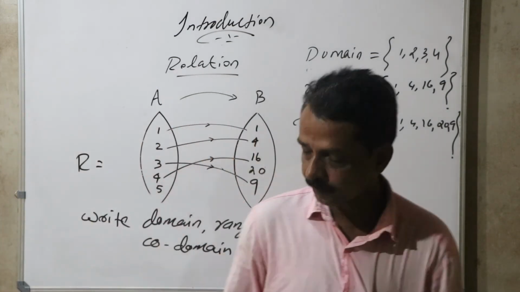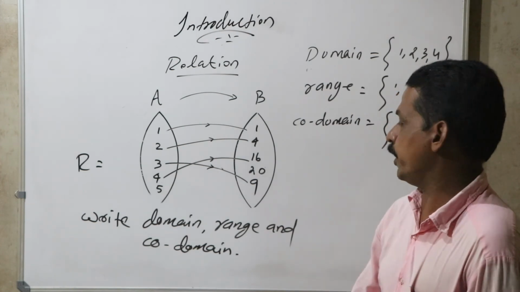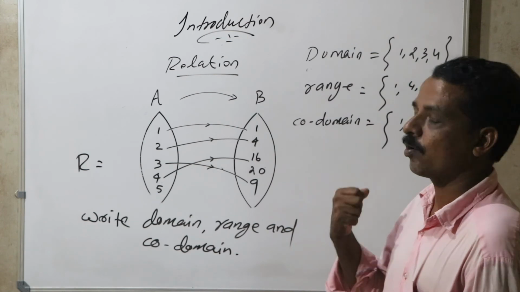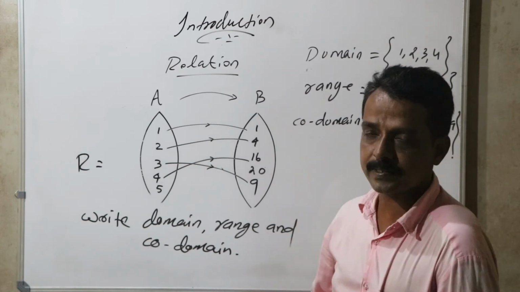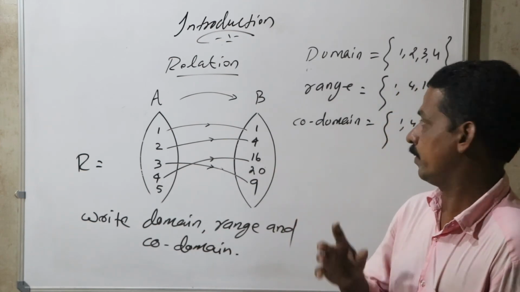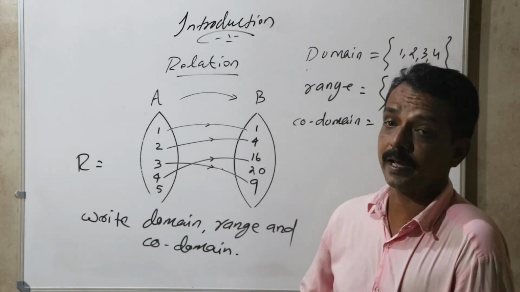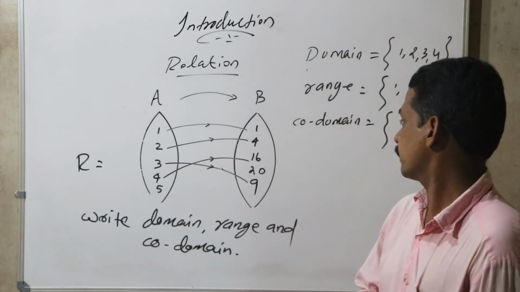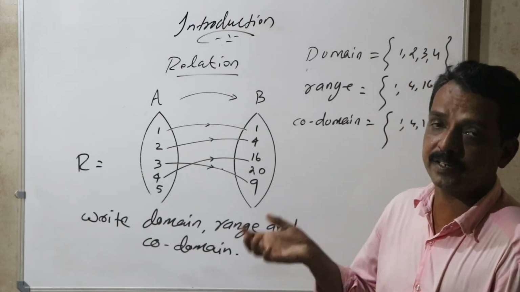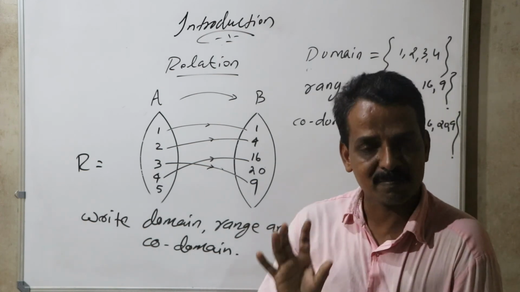So what a domain is, what a range is, what a codomain is: domain is the set of x representatives in the ordered pairs, range is the set of y representatives, and the codomain is the set B.